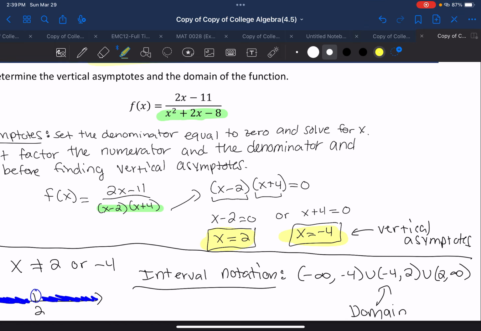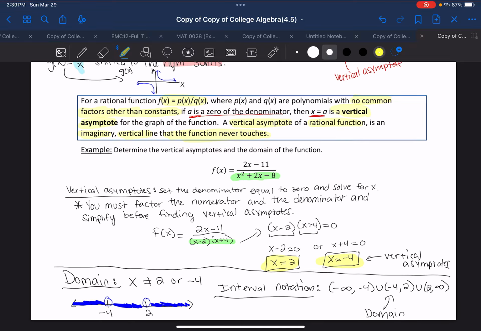X equals 2, that's an equation of a vertical line. X equals -4, that's an equation of a vertical line. And your answer in Pearson would be in the form of an equation, because a vertical asymptote is an imaginary vertical line.